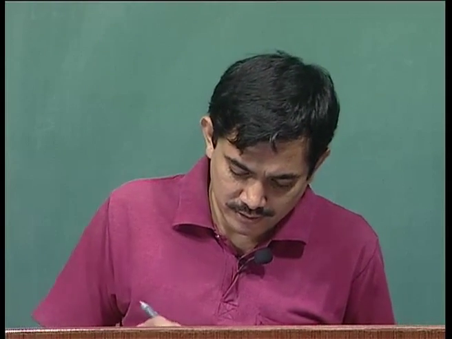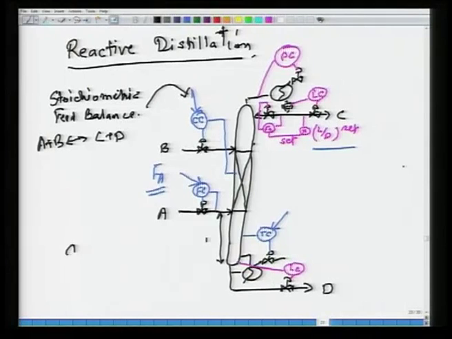So, the challenge in reactive distillation process is that the process should be easily controllable. Okay. And just towards the end, I would like to point out that Eastman Chemical Company were the first ones to report a commercial reactive distillation process, and their process was esterification to produce methyl acetate.